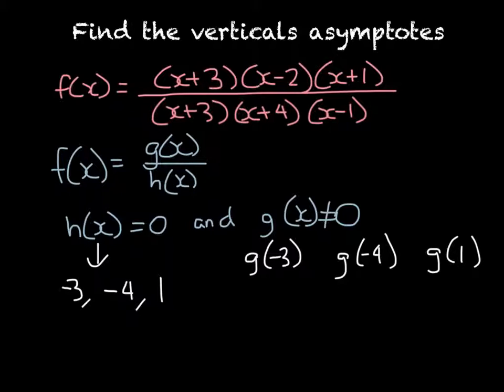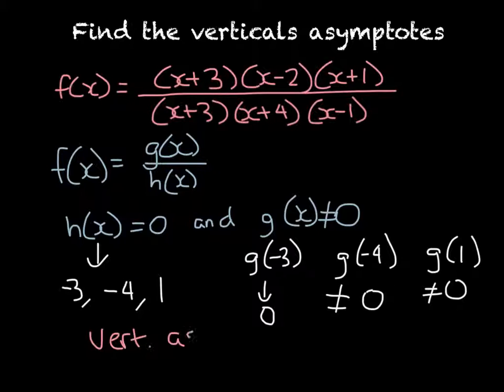We know that g at -3 equals 0 because if we plug in -3 right here we'll get a 0. And at the other points it does not equal 0. So this tells us that our vertical asymptotes occur at x equals -4 and x equals 1.